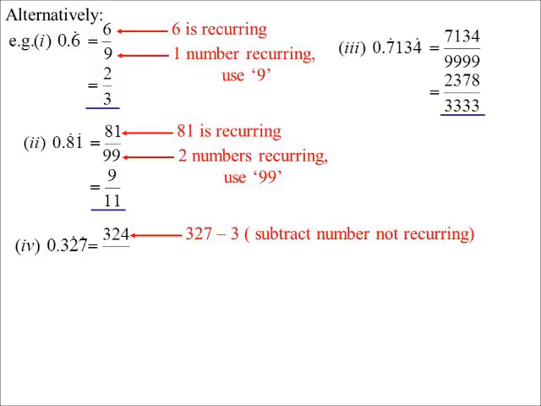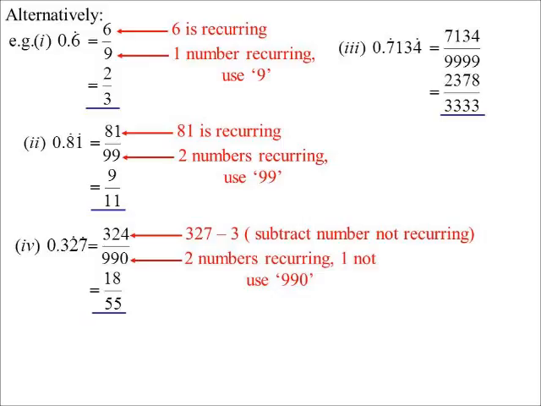Okay. What will I put in the denominator? 990. Why? Well, I said when there were 2 numbers repeating, I'm going to put down 2 9s. But there's one number that's not. So instead of putting down a 9, I'm going to put down a 0. It makes logical sense to put that 0 at the end of the number.